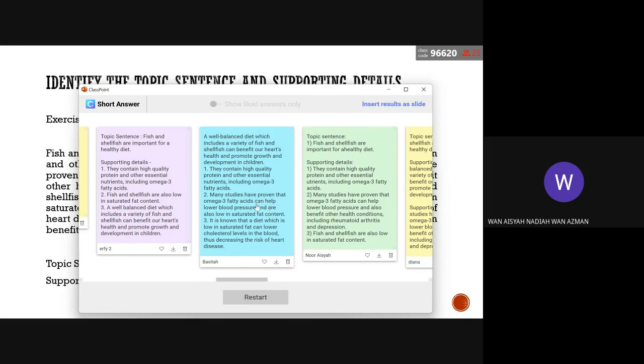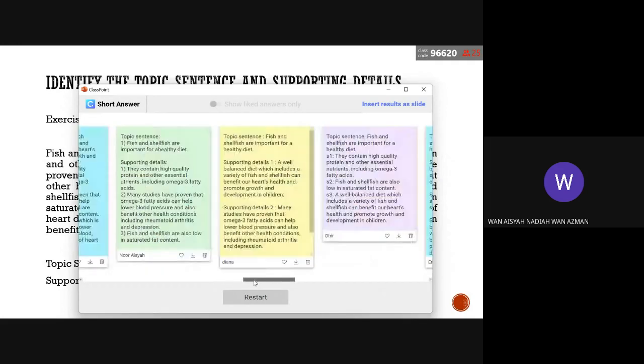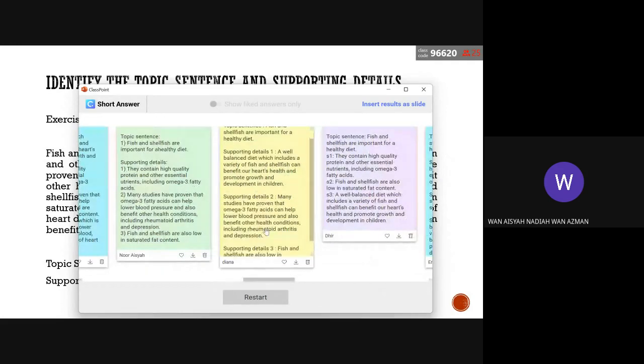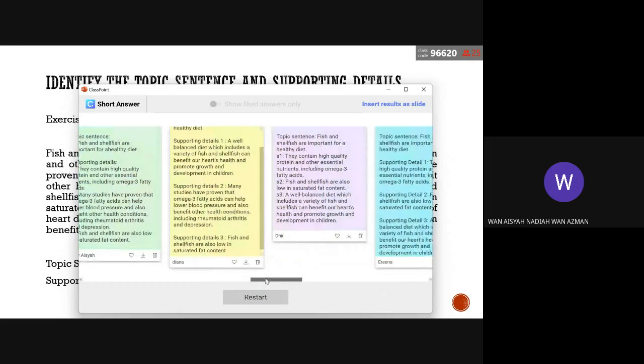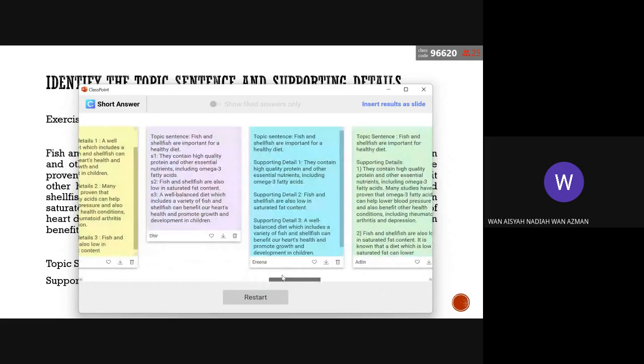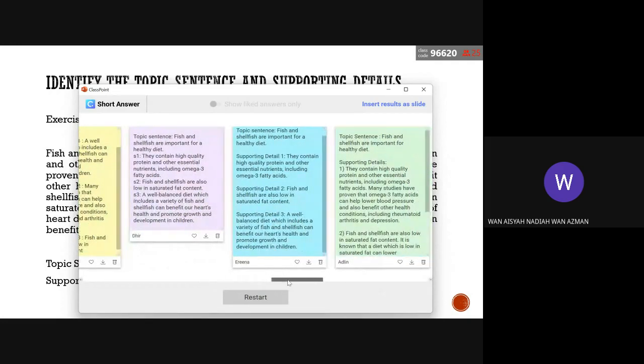So the second supporting detail should be fish and shellfish are also low in saturated fat content. That would be your second supporting detail. Okay, so let me see answers. Okay, very good.